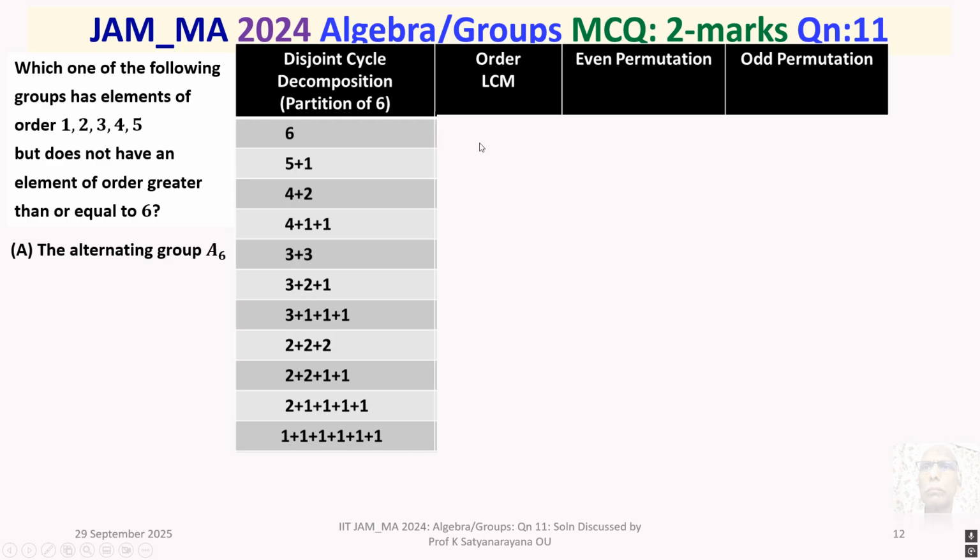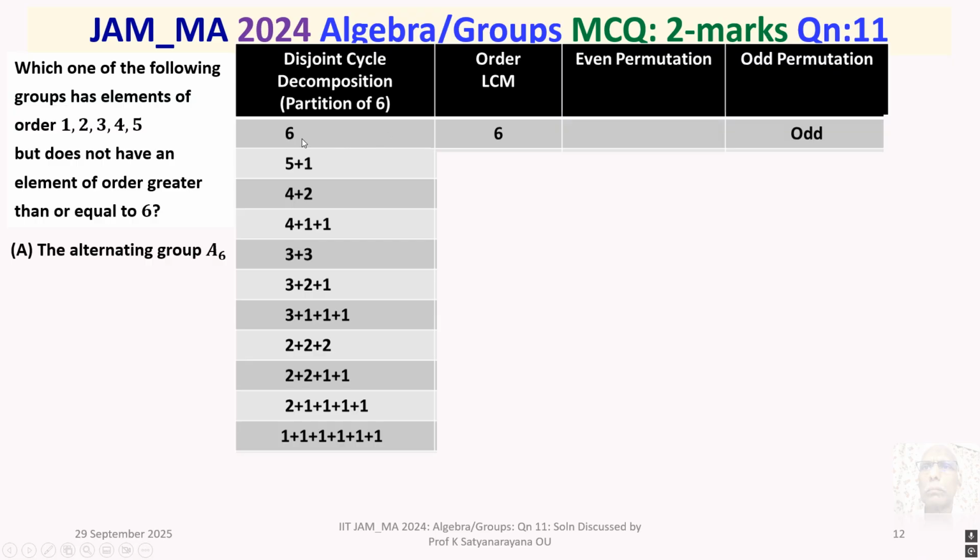The first one is a cycle of length 6, the order is 6, and it is a cycle of even length. Therefore, it's an odd permutation because it can be written as an odd number of transpositions.